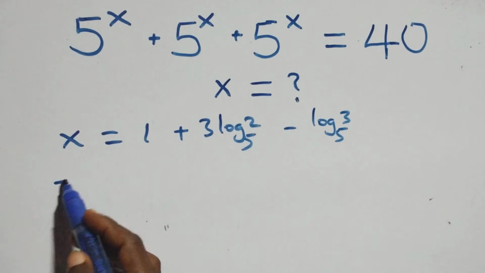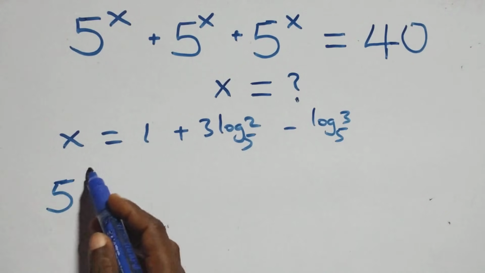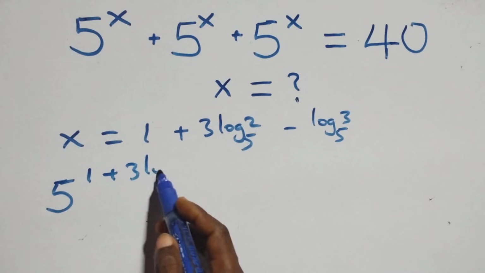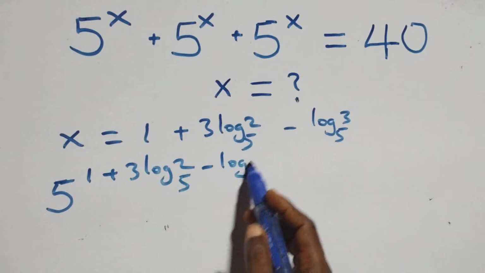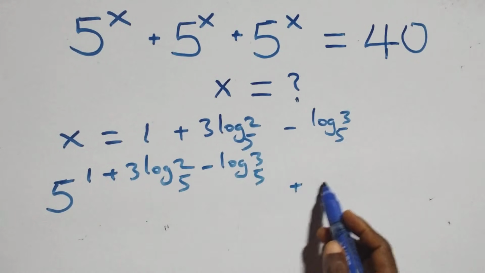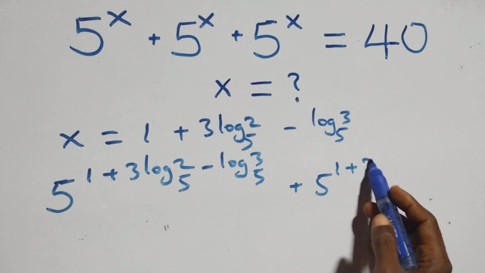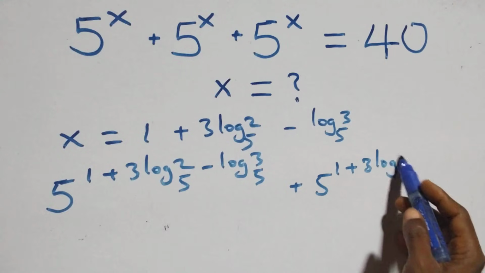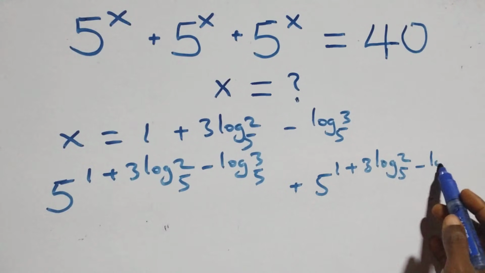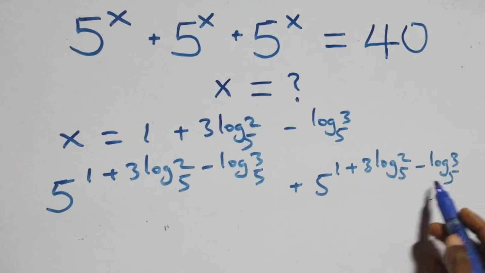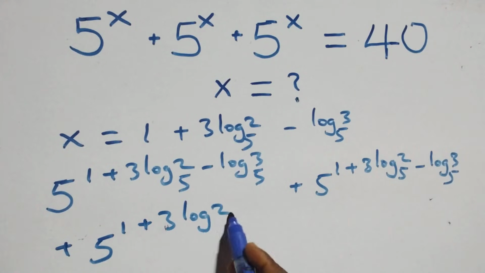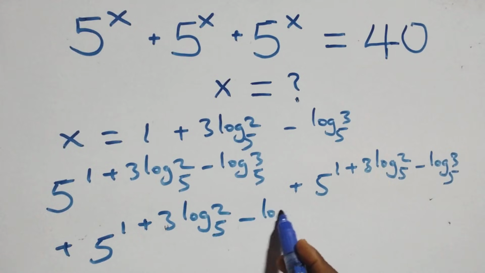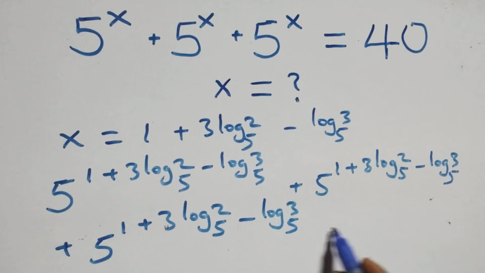Then what we have here becomes 5 raised to power 1 plus 3 log 2 base 5 minus log 3 base 5, plus 5 raised to power 1 plus 3 log 2 base 5 minus log 3 base 5, plus 5 raised to power 1 plus 3 log 2 base 5 minus log 3 base 5, equals to 40 on this side.